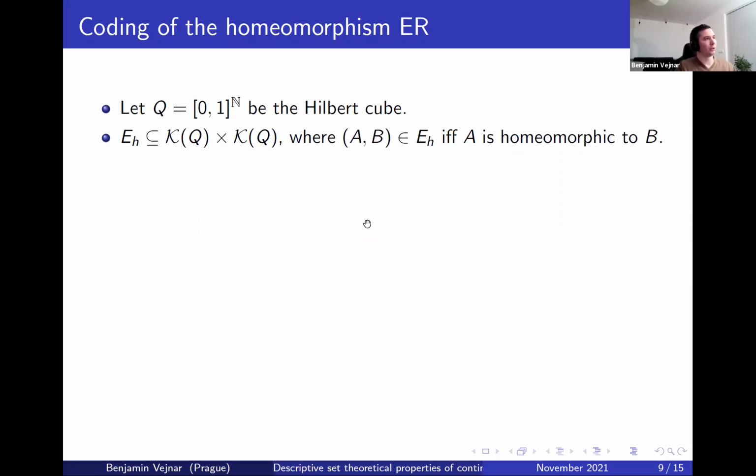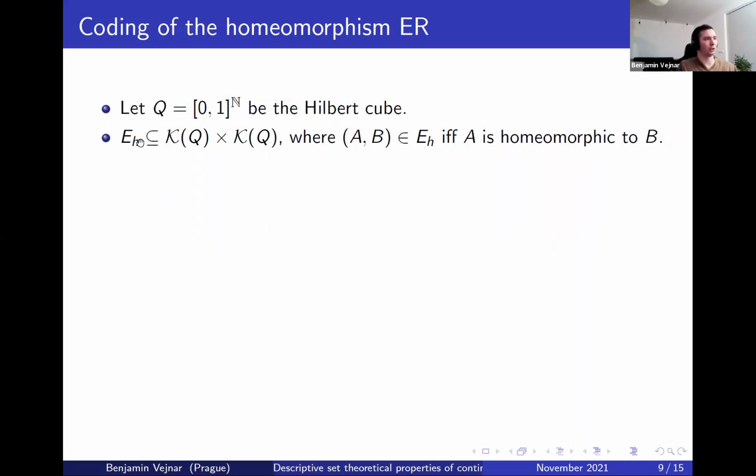So now we consider Q, the Hilbert cube, and by KQ I denote the hyperspace of all compact subspaces of Q. And we denote by E with subscript H the equivalence relation, which is defined in that way that two compact sets A and B are equivalent if and only if they are homeomorphic, right?